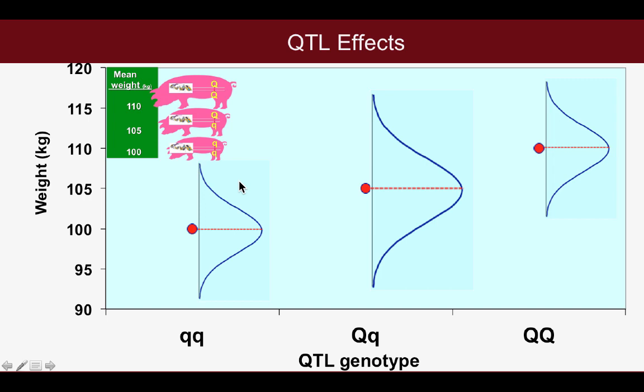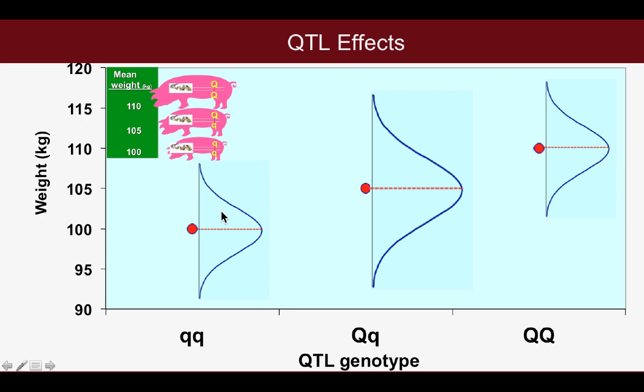This graph illustrates how we can quantify the effect of a QTL or of a genetic marker that is associated with a quantitative phenotype. The graph here plots the weight of pigs against their genotype at the QTL or at the marker, for the case we discussed before. Here the red dot represents the mean weight of each genotype, while the normal distribution around each red dot reflects that pigs with a given genotype at that QTL can still vary substantially in their observed body weight.